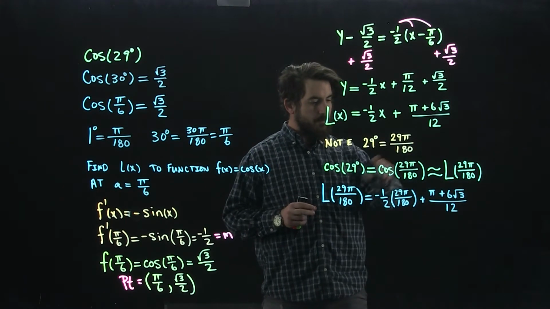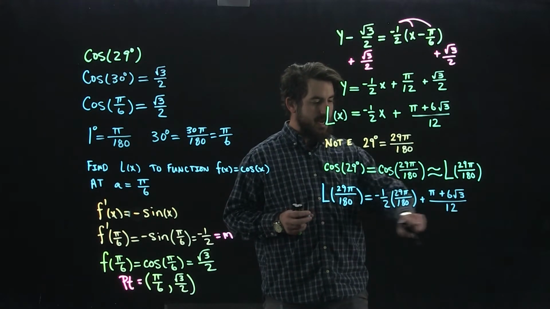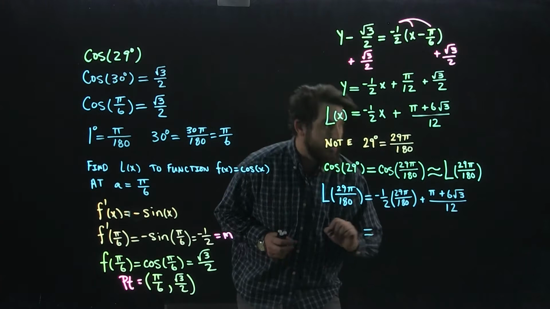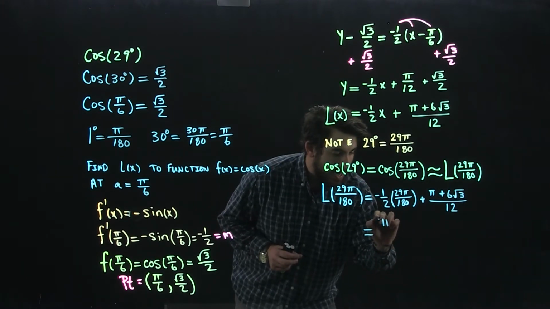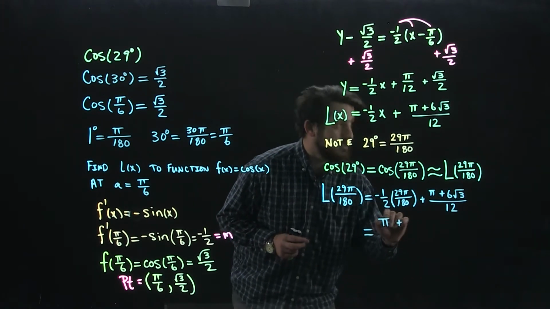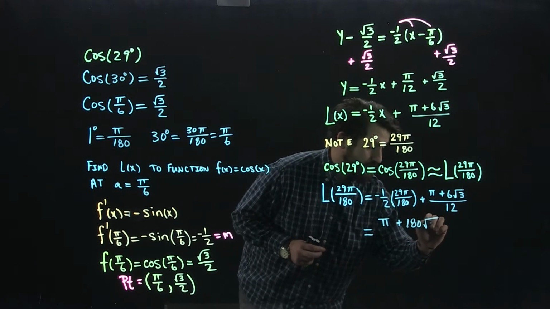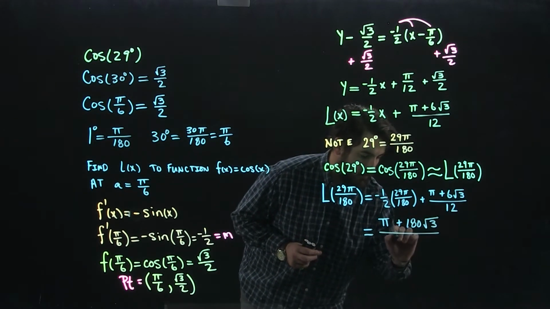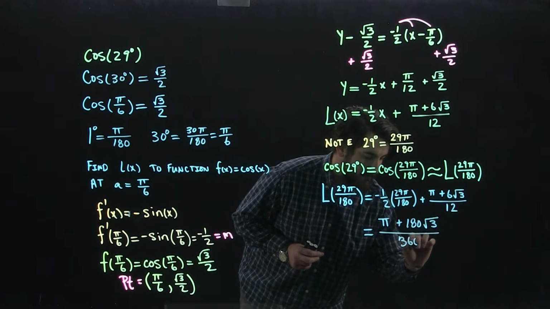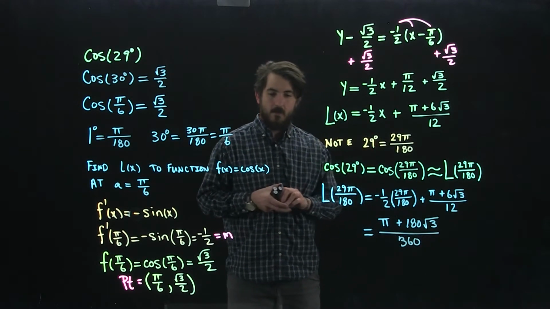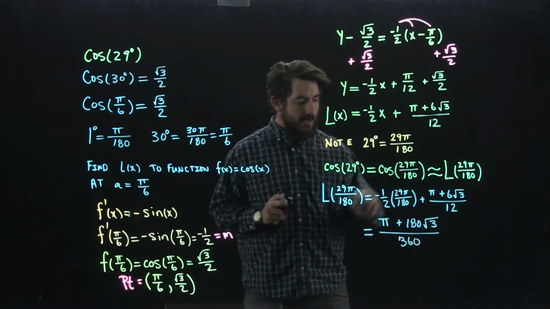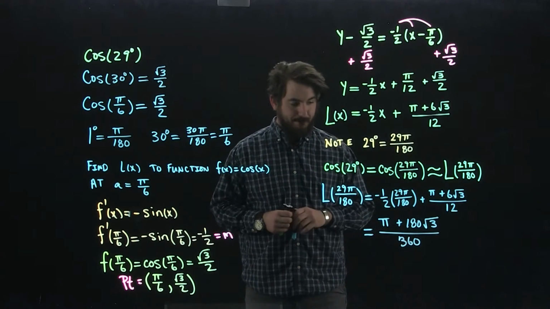If we were to combine common denominators, this can be reduced to pi plus 180 root 3 over 360. Okay. After combining everything up, this is what we would get.